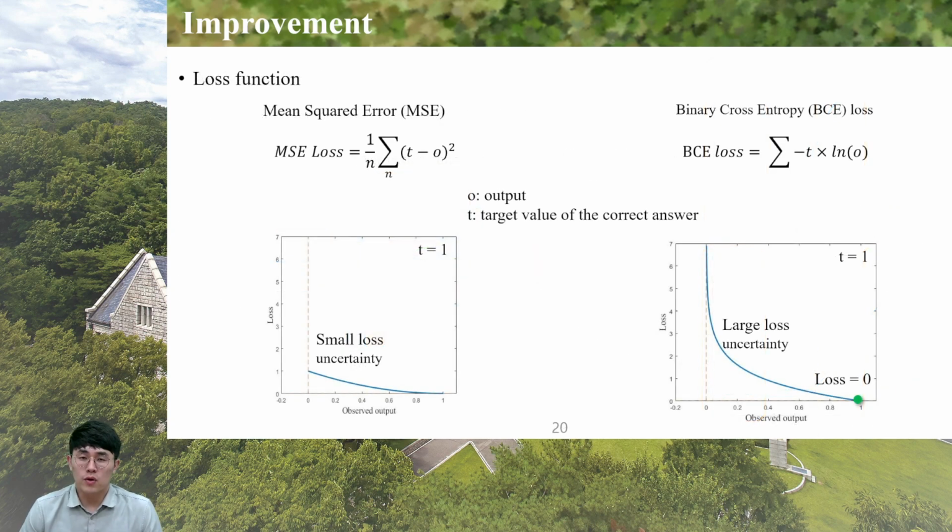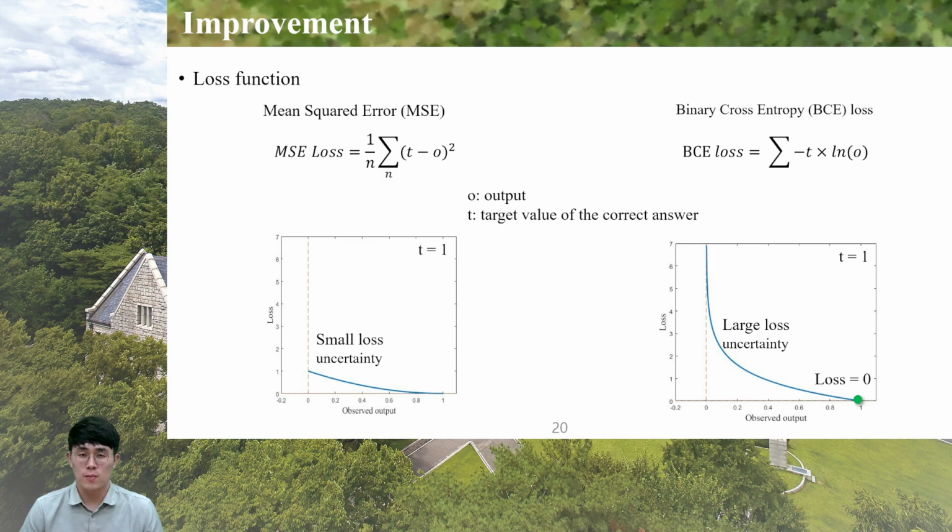The second approach is to change the loss function. When the generator produces O and the desired result is T, the loss equation for MSE and BCE is as follows. And the two graphs below show the loss function values calculated using the given equation when T is 1.